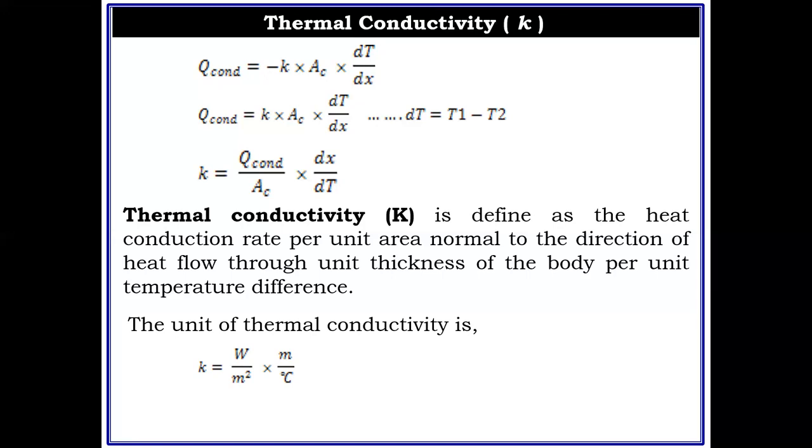So meter square and meter get cancelled. The final form is watt per meter degree centigrade or watt per meter Kelvin. This is a very important unit, so remember this. Thermal conductivity has the unit watt per meter degree centigrade or watt per meter Kelvin, and it doesn't matter whether temperature is kept in degree centigrade or Kelvin, dT always remains the same.